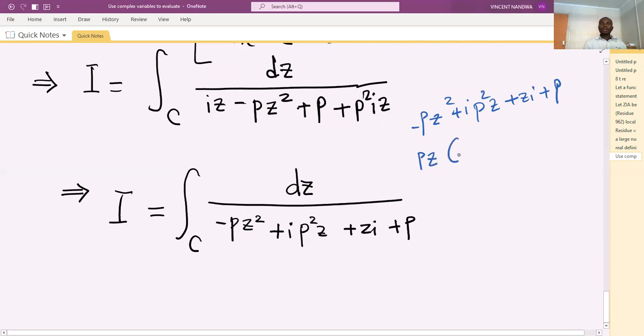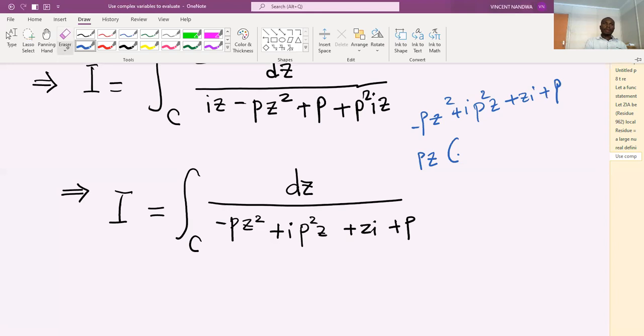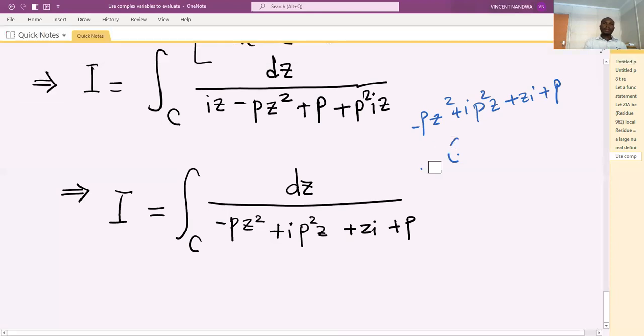So this can be factorized as, okay, we can just write it as a general quadratic, which is minus p z squared plus ip squared plus i z, then plus p.